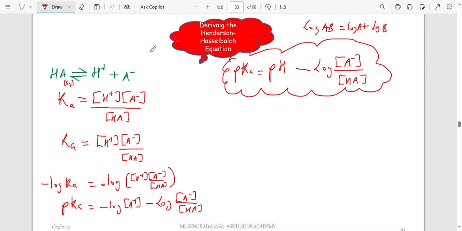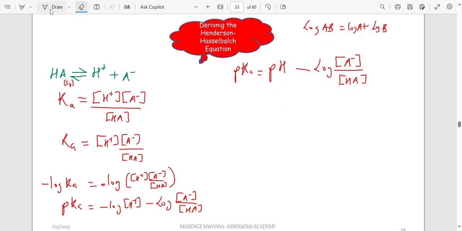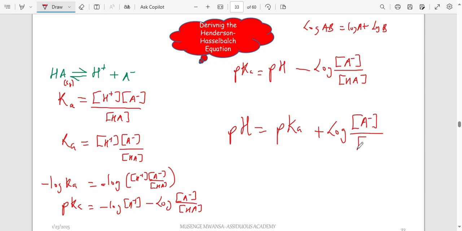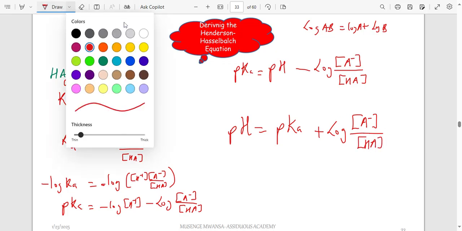But we can rearrange this equation instead of ending here so that we can make pH the subject of the formula. So pH is equal to pKa, and I'll take this term to the other side so it becomes positive log of A minus divided by HA. This is actually the one that we use.